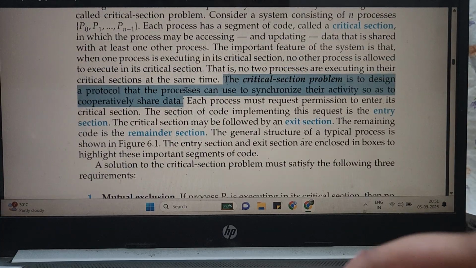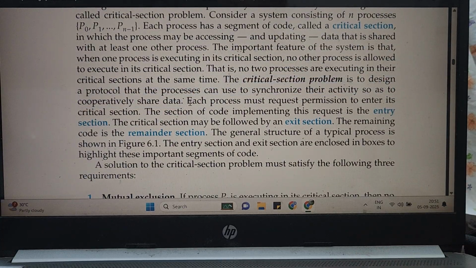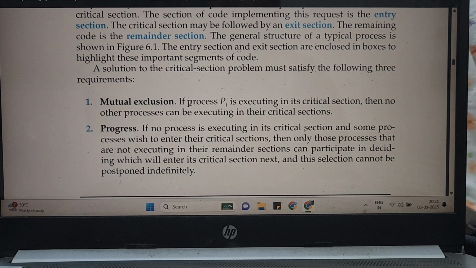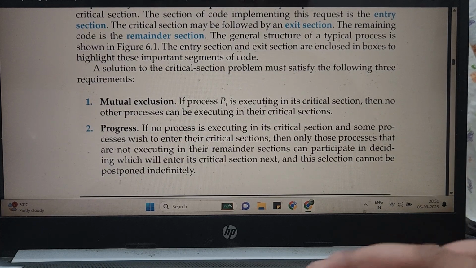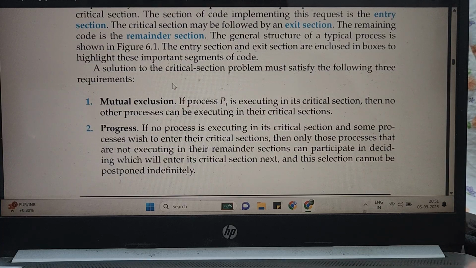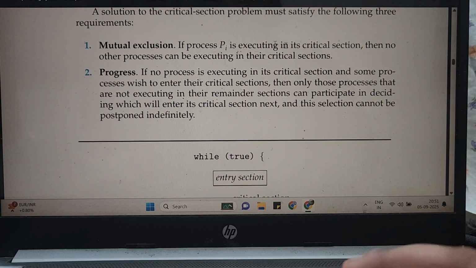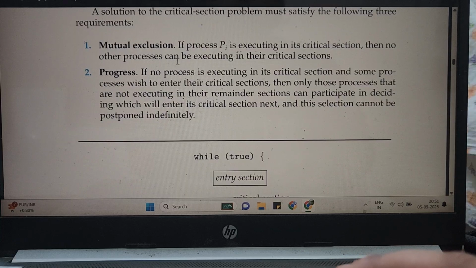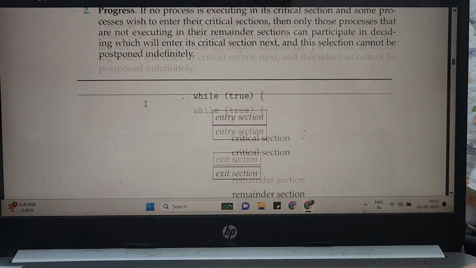What is the critical section problem? First of all, you design some enforcement technique which makes sure that at most one process executes its critical section at any given point of time from a bunch of processes dealing with the same data. If no one is executing their critical section and one process comes in saying it wants to, it should be allowed to immediately.